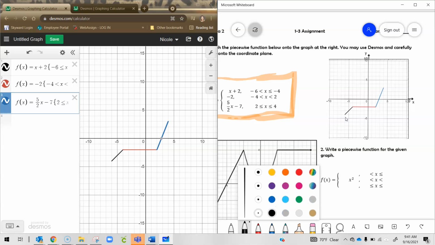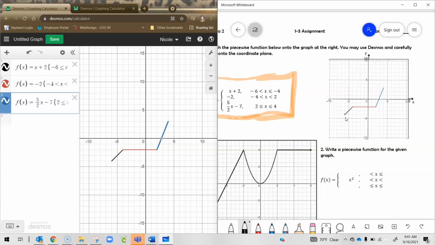So if you look over here, when x is -6, x did not want to be equal to -6, so we are going to put an open dot there. When x is -4, our top function wanted to equal -4, which would mean closed dot, but this middle one did not. So since they meet right there, that closed dot's going to overrule the open dot.